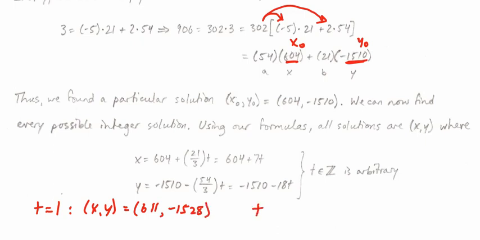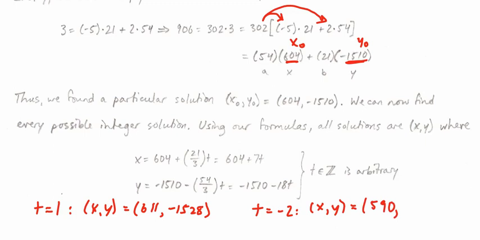If t was equal to negative 2, we would have 604 minus 14, which is 590. So that's the x value.